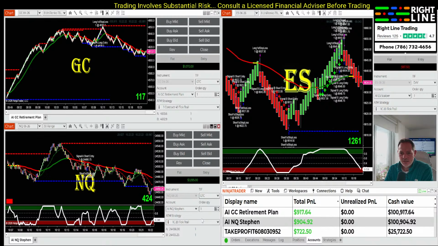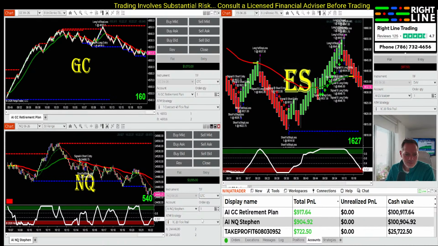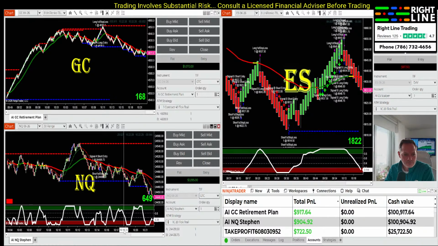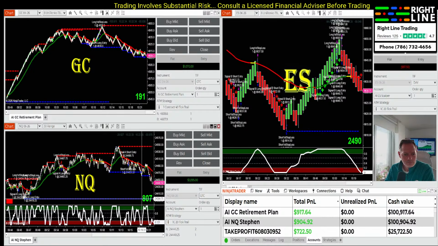Need to catch a good trade here going south, I'm thinking. Market's starting to roll over pretty heavy duty now. Here we go. We're going to take a little short trade coming up.